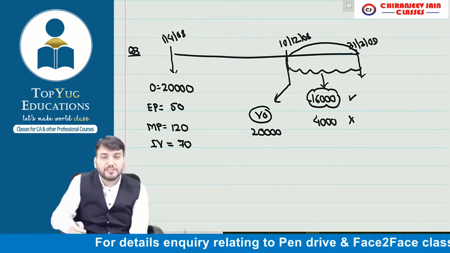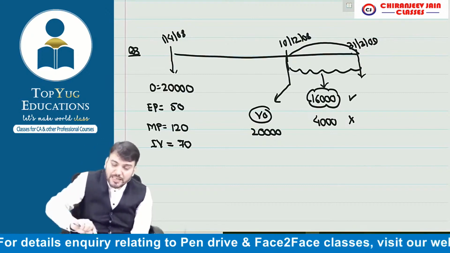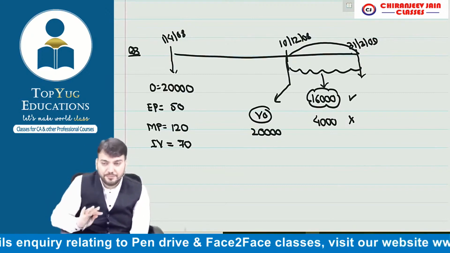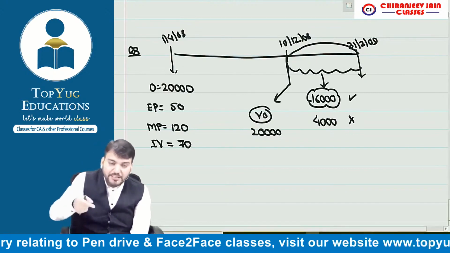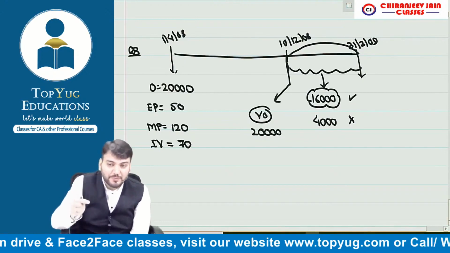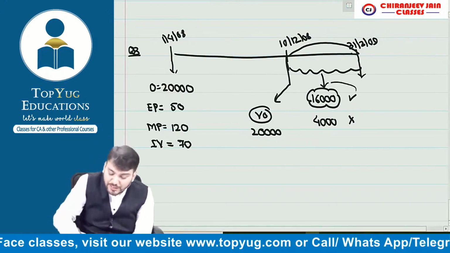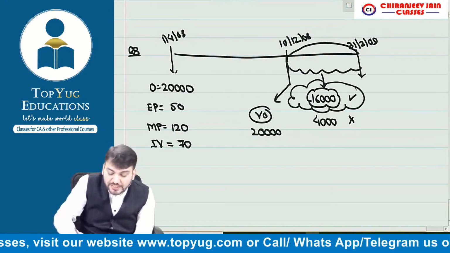Now, just try to understand. Because in this question, the vesting period and exercise period fall in the same year, the question arises: should we recognize expense for 20,000 options or 16,000 options, because we know that options exercised were 16,000?